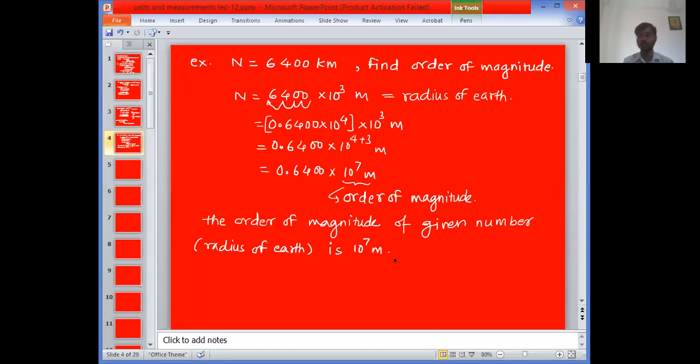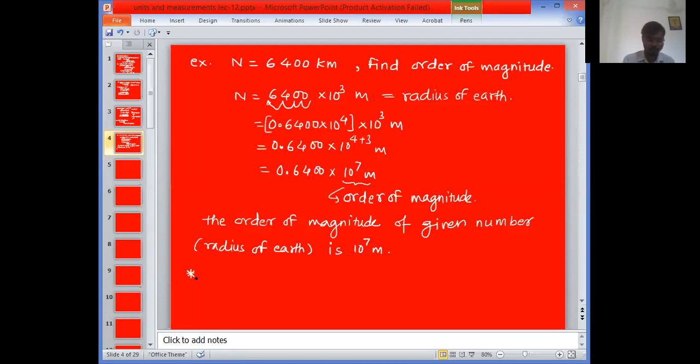Now 10 raised to 7 is a very large number, so you will say it's a very big number. 10 raised to -1, -2, 10 raised to +1, +2, these are small numbers compared with 10 raised to 7. So order of magnitude gives us how large or small the number is.